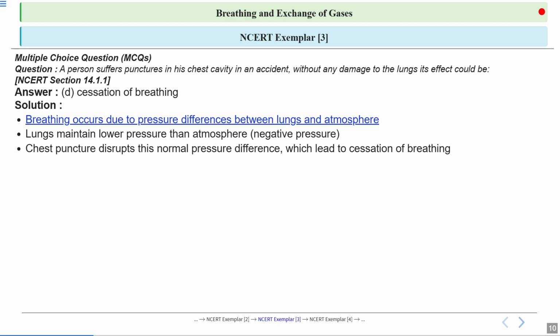At that particular time we should reach the emergency of a hospital, and there you can get proper oxygen with the help of a machine. Later on, when healing is there, there will be surgery and the puncture will be repaired, right? Then this negative pressure can be maintained in the chest again, and you can breathe on your own, right?